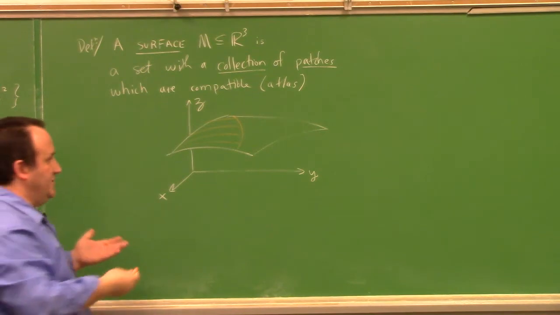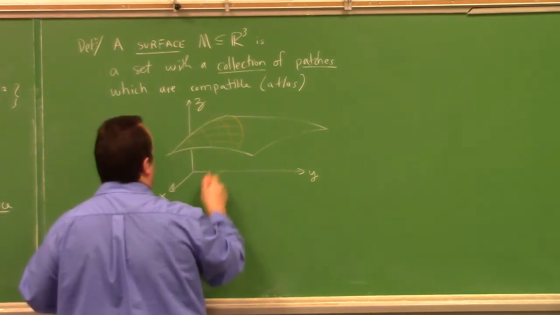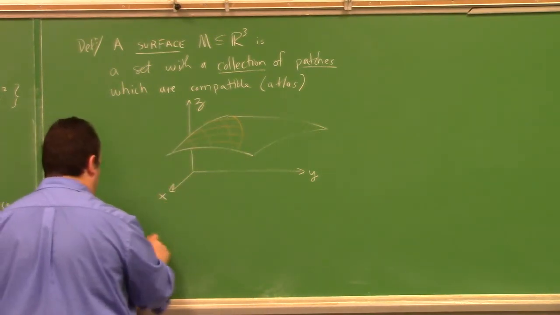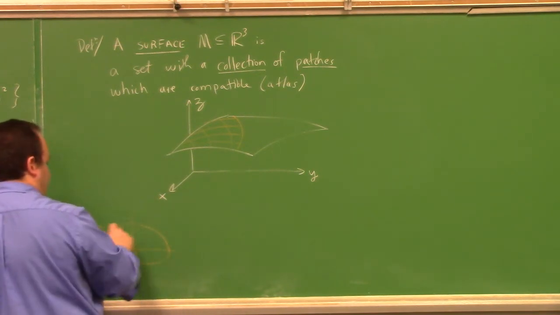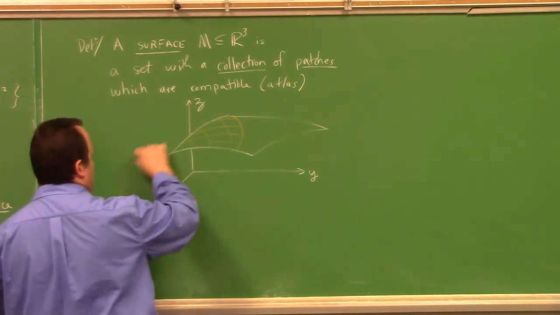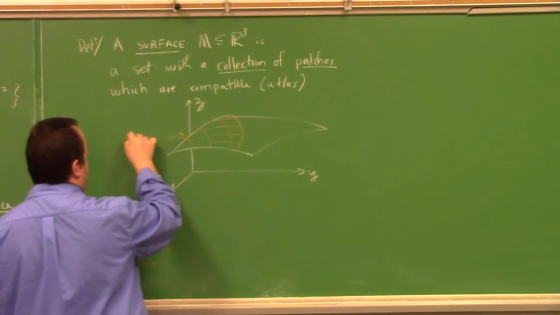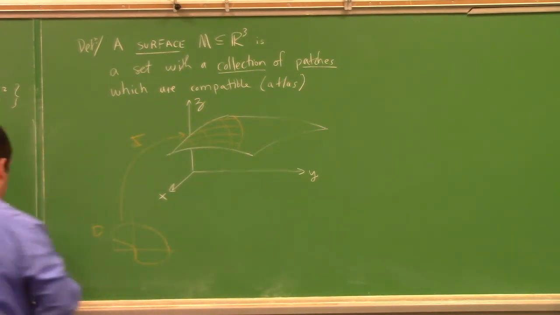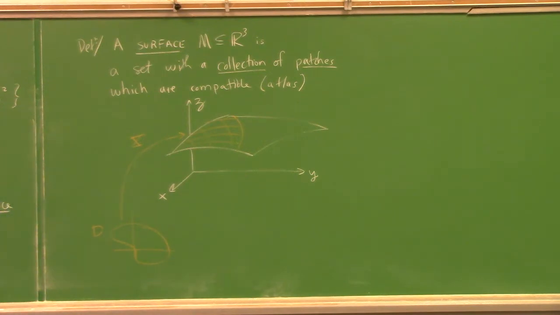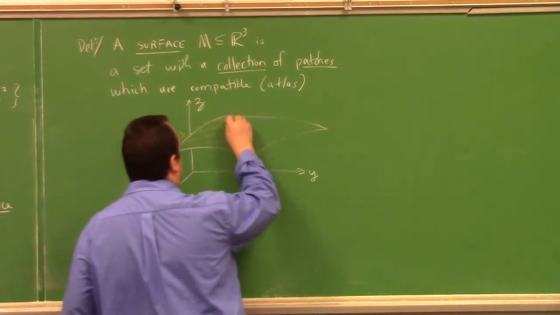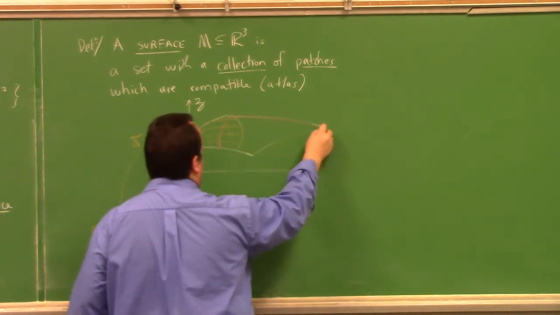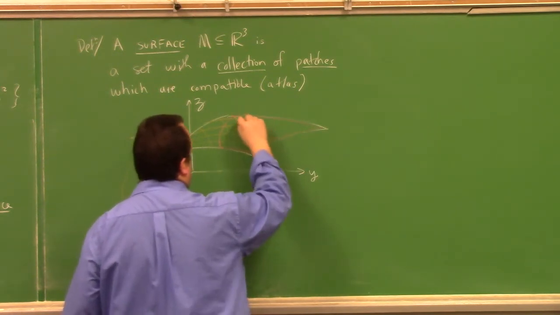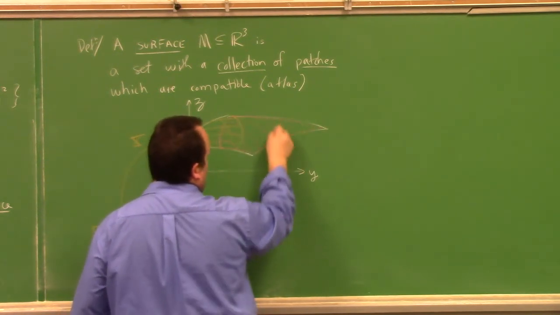All right, so this is one patch. D maps up here like that via the patch X. Then the other part of the surface over here you can cover with another patch.